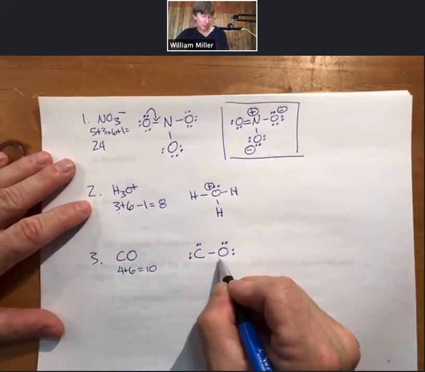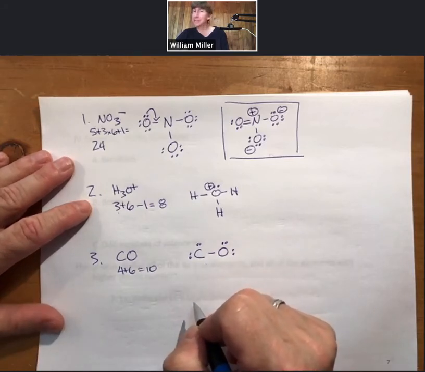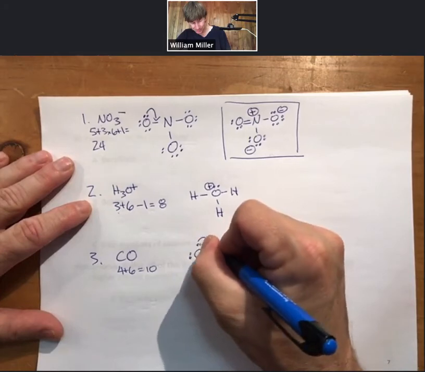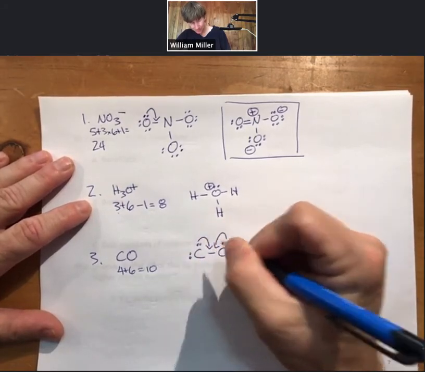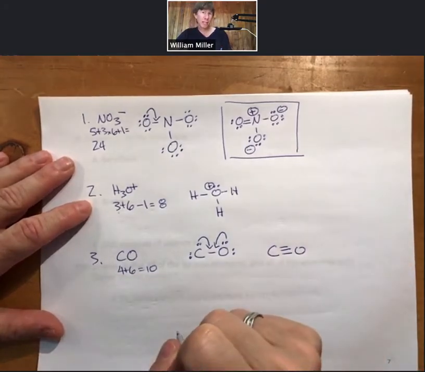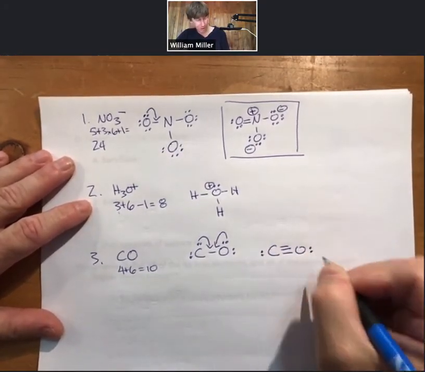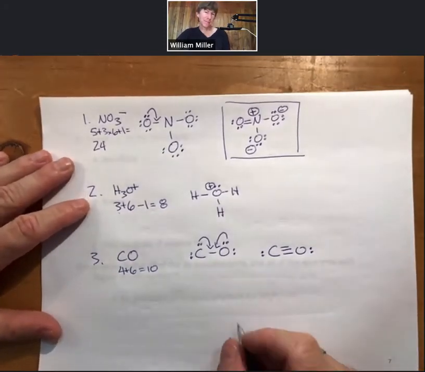Now, each of these atoms is missing 2 electrons. Neither of them has an octet. You do end up with a triple bond here, and 1 lone pair on each atom.